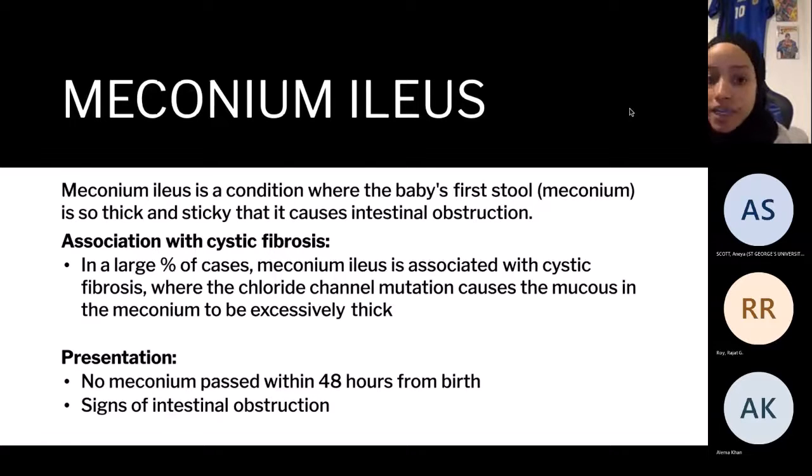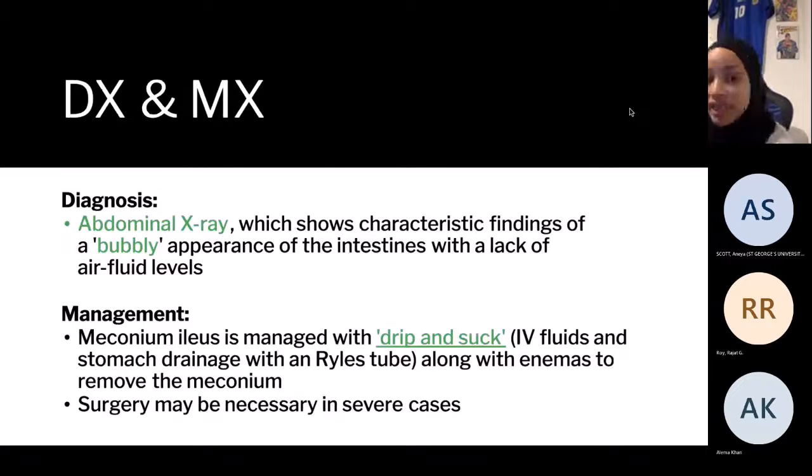It's very common in cystic fibrosis, and they will present with not being able to pass it in the first 48 hours, and they'll have signs of intestinal obstruction, so their abdomen will be significantly distended, and they might vomit as well. In terms of the diagnosis, you'll do an abdominal X-ray, and it will show this bubbly appearance of the intestine with lack of air fluid level.